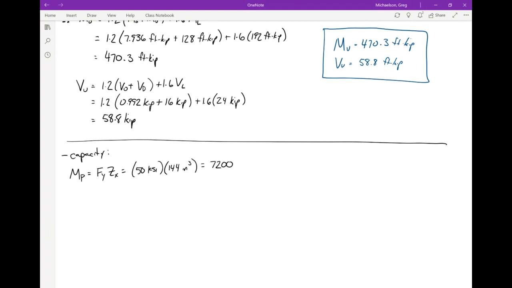And now here's the thing with units. We've got ksi times cubic inches, so that's inch-kips. Now, Mp we're ultimately going to want in foot-kips. If I've got inch-kips and I want foot-kips, what do I divide it by? I'm going to engage chat on this one.